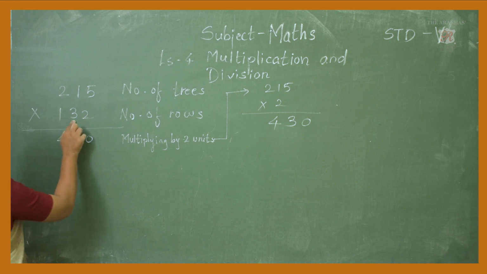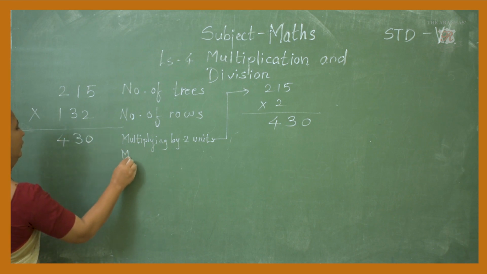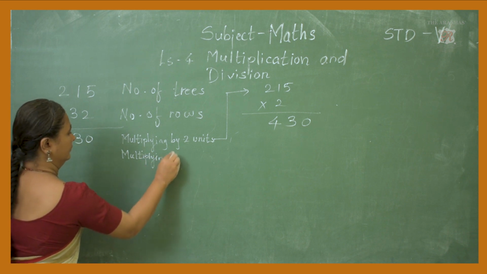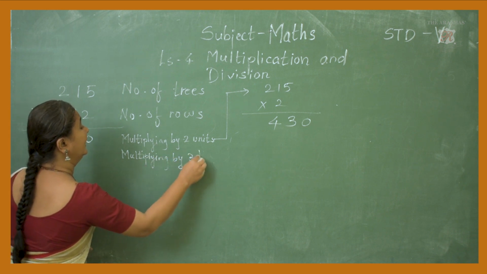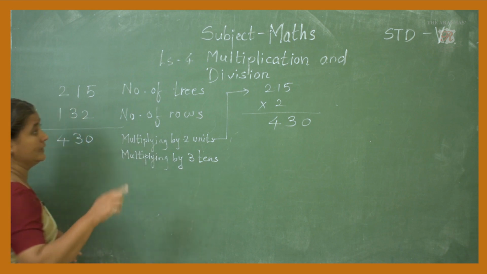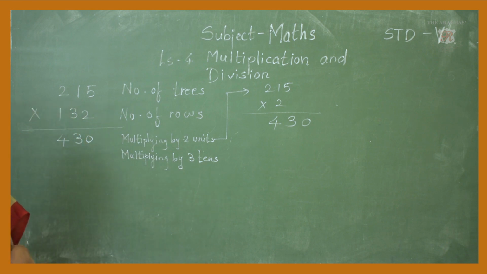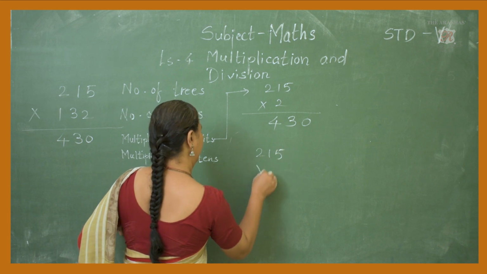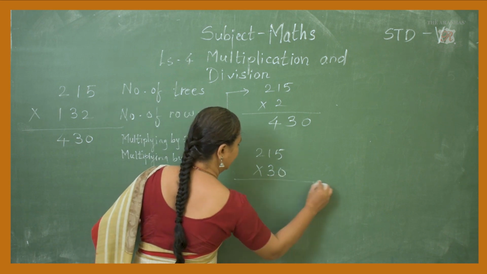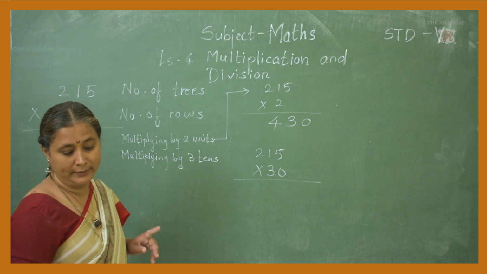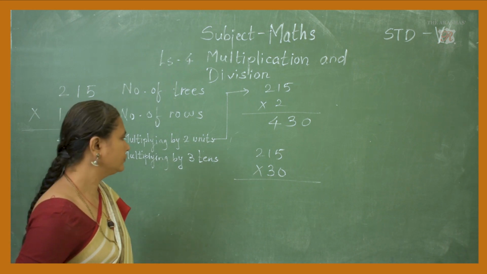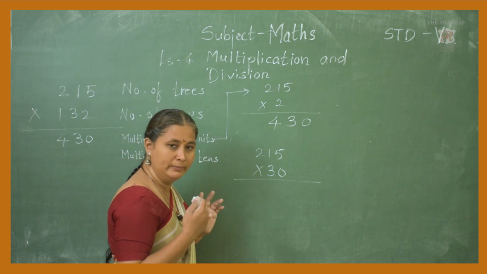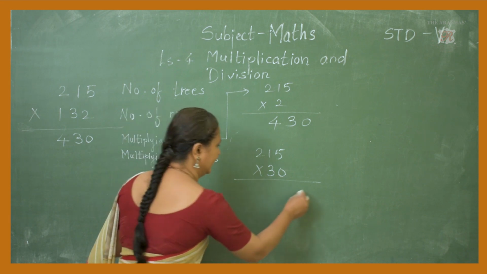Now which number we are taking? Multiplying by which number? 3 tens. 3 tens we are multiplying. So here 215 into 3 tens means 30. Isn't it? 3 tens means 30. Now we know that if we multiply any number by 0, we are getting 0 only.